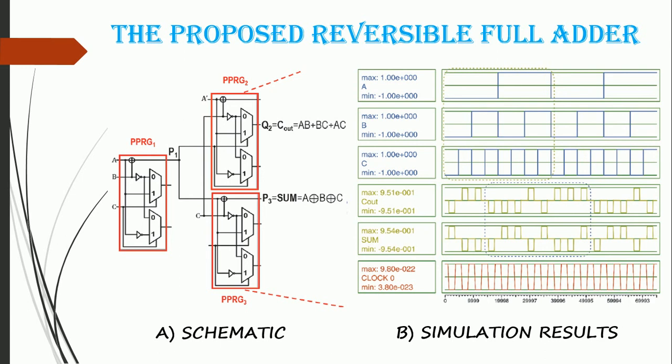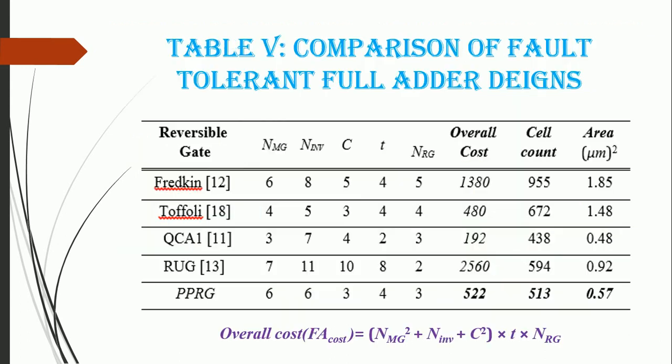Hence we can use the fan out characteristics here. Then moving on to the next part, that is the comparison of fault tolerant full adder designs.